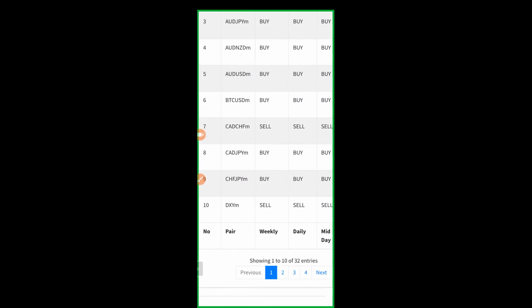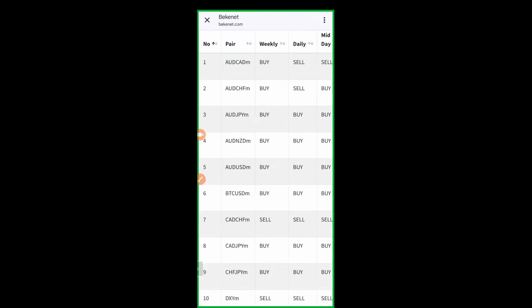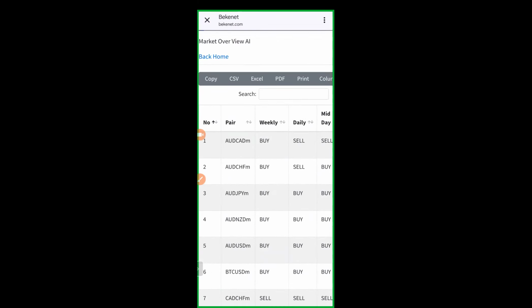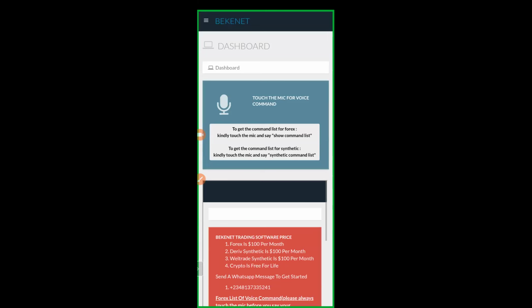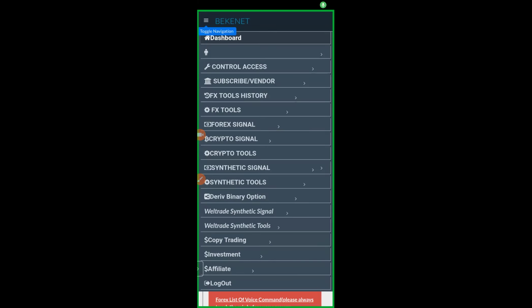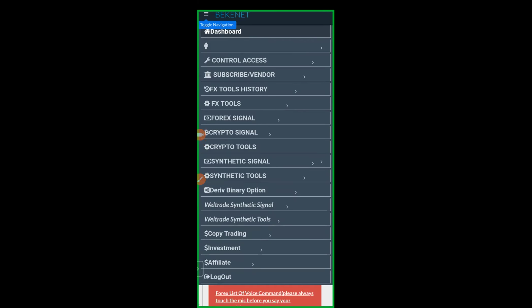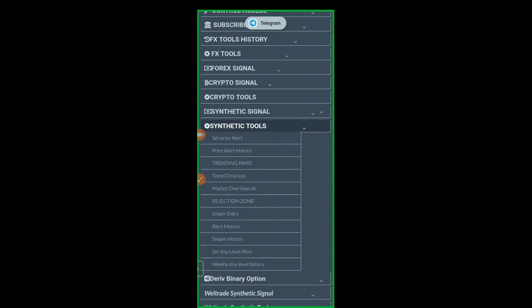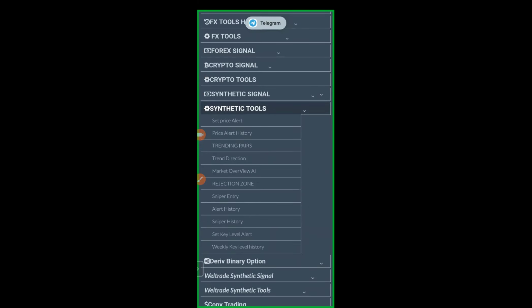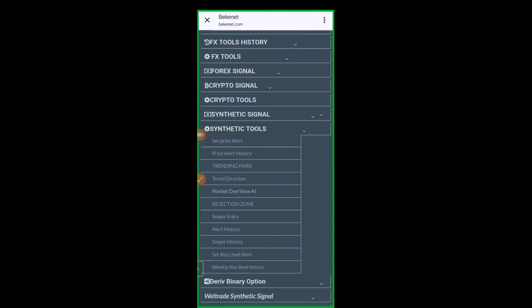Now, another lovely thing is this. If we go to this amazing software, you can imagine it has given us the bias of the market. So the same thing on synthetics. Look at synthetic too. I think it's on market overview here.